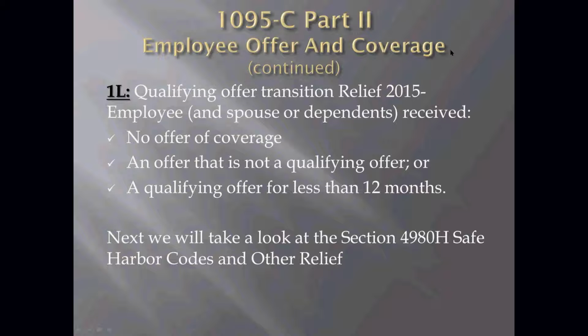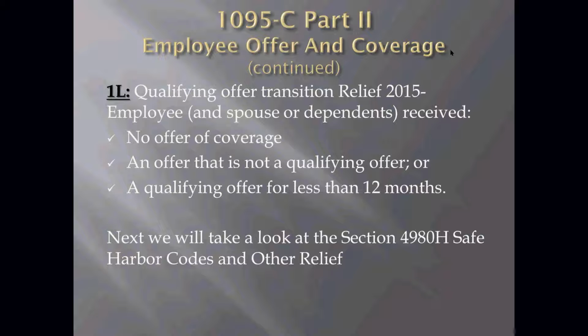I'm going to move on to the last code, 1L, qualifying offer transition relief for 2015. Employee and spouse or dependents received no offer of coverage, an offer that's not a qualifying offer, or a qualifying offer for less than 12 months. This would be if you had an employee on staff who was there for the full year, but for some reason did not get a qualifying offer of coverage, even though they were full-time.